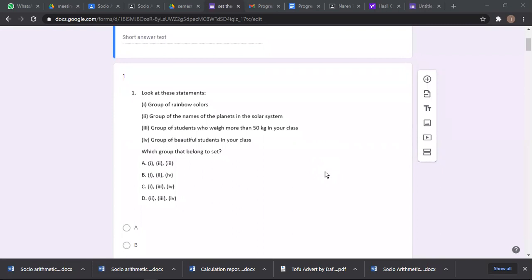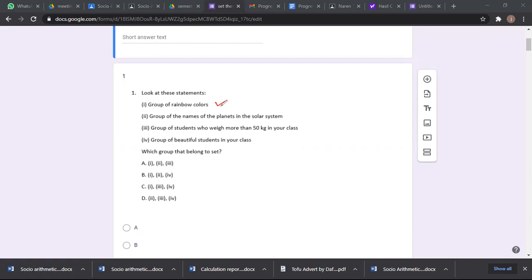So here we have a lot of kinds of set. From these four sentences, the first one is the group of the rainbow colors. I think we can find all the colors that form the rainbow.